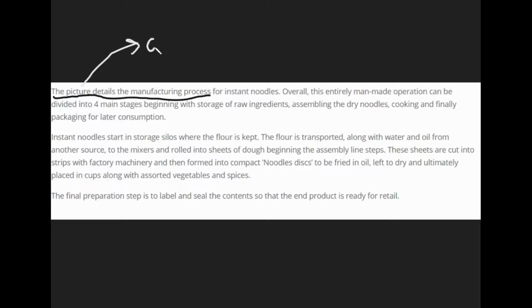I'm gonna write it over here. You could write a diagram. Now I'm gonna use a short form of diagram because it's very hard to write it, so I hope you guys get it. Alright, so the picture details the manufacturing process of instant noodles. So what I have done is I have paraphrased it. So it's very important that you know how to paraphrase.